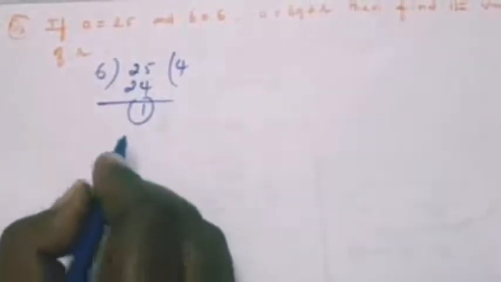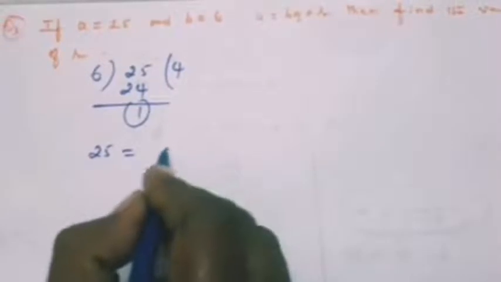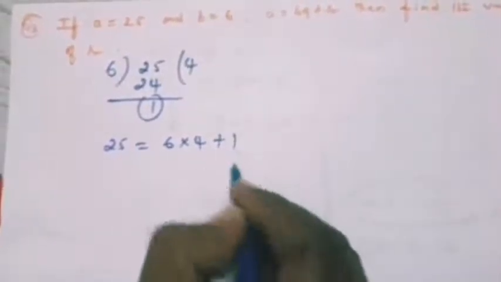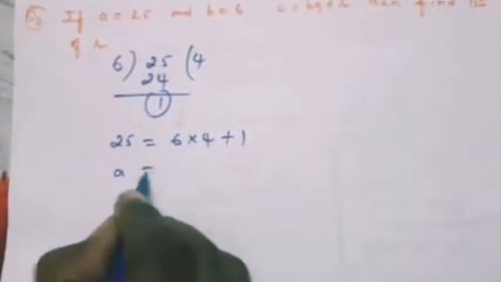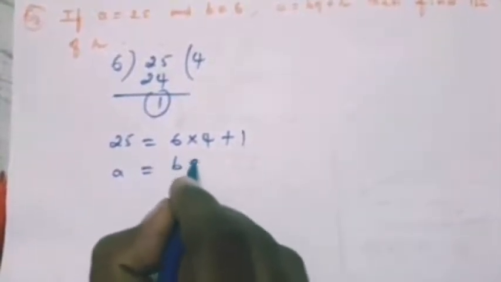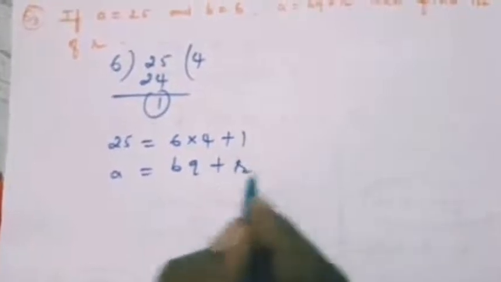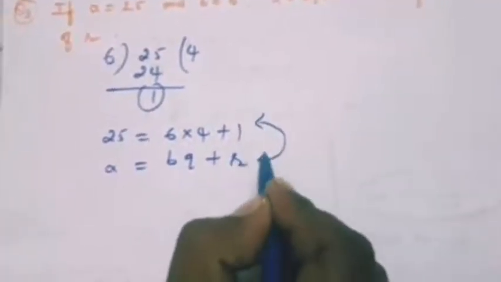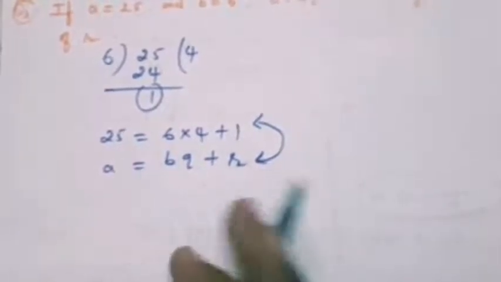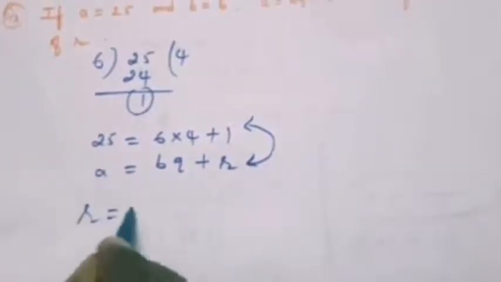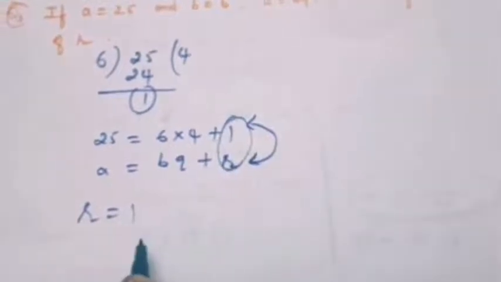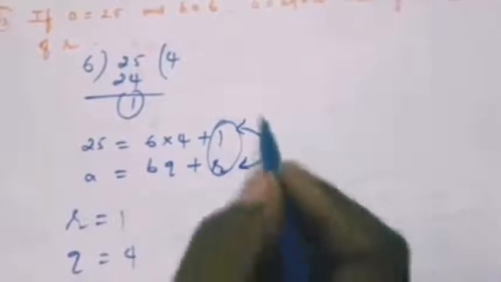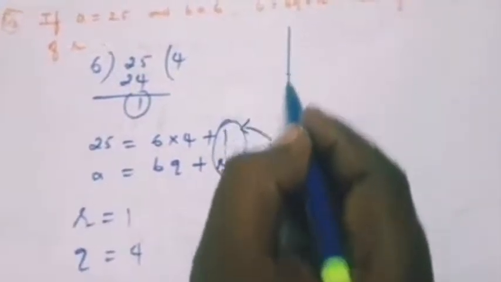Dividend 25 equals 6 into 4 plus 1. So what is given? A equals BQ plus R. Simply comparing these two equations, you find R equals 1, okay, and Q equals 4.